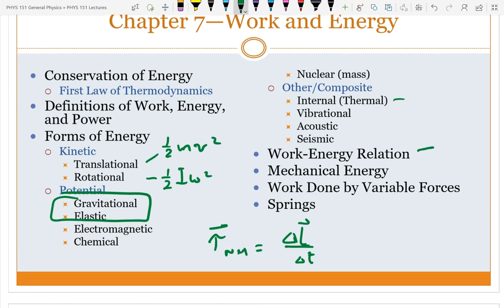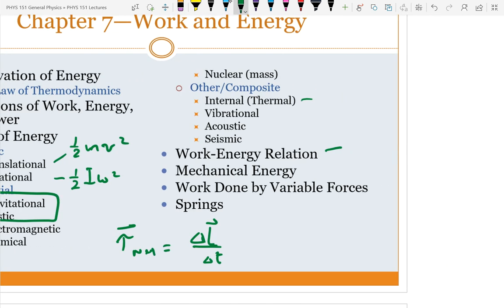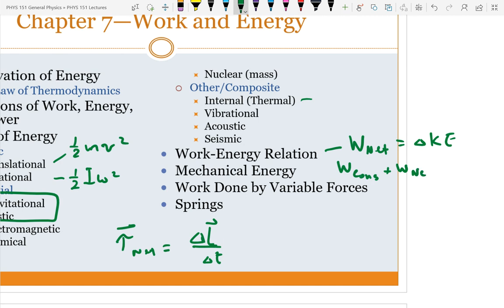The work-energy relation was very important. It's where I started with defining energy, really. The net work is equal to the change in kinetic energy. Net work can be broken down into the work conservative plus the work non-conservative, equal to change in kinetic energy. But work conservative, by definition, is minus the change in potential energy.